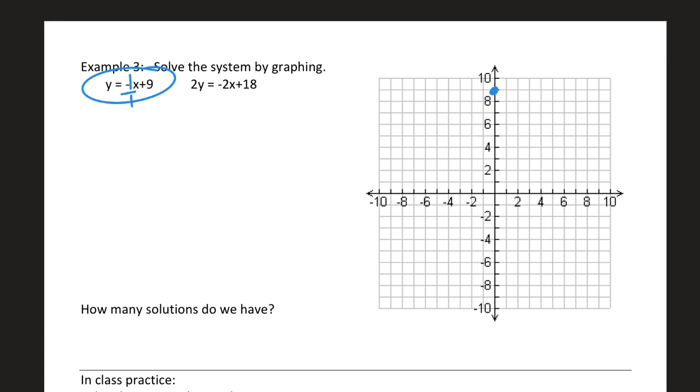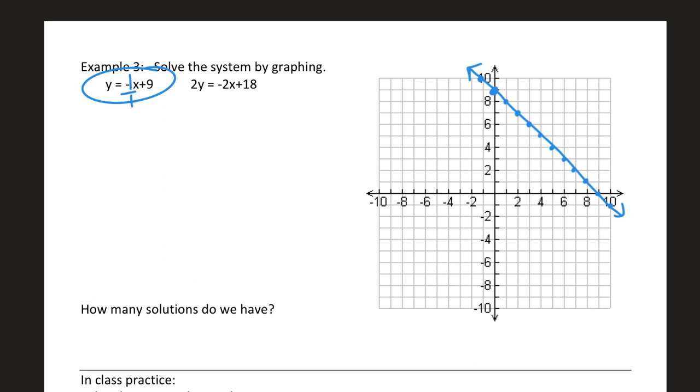So I'm going to go down 1, right 1, as far as I possibly can go. Looks like I ran out of room, so I'm going to do the opposite and go up 1, left 1, which I only can do once, which is okay. But I want to make all the points I possibly can on my graph to really see where those lines are crossing.